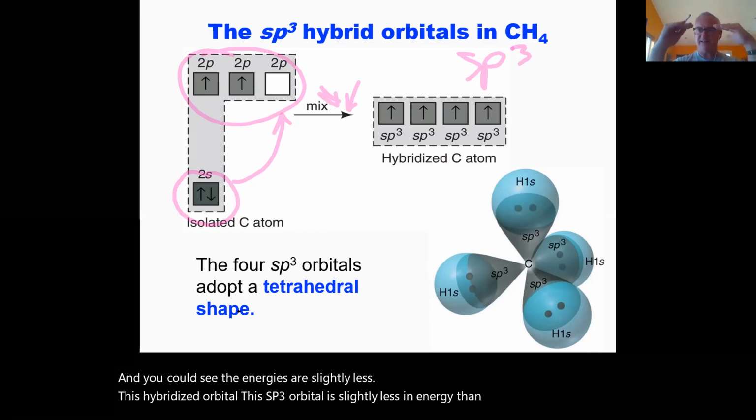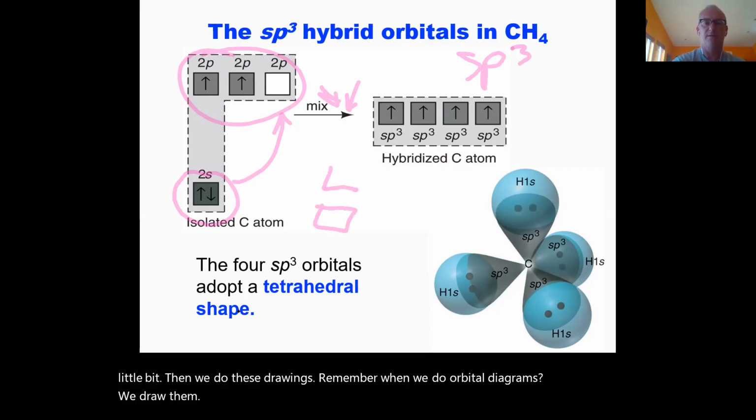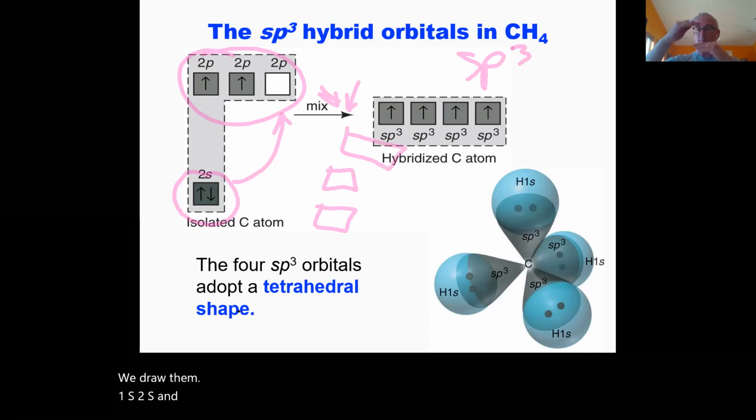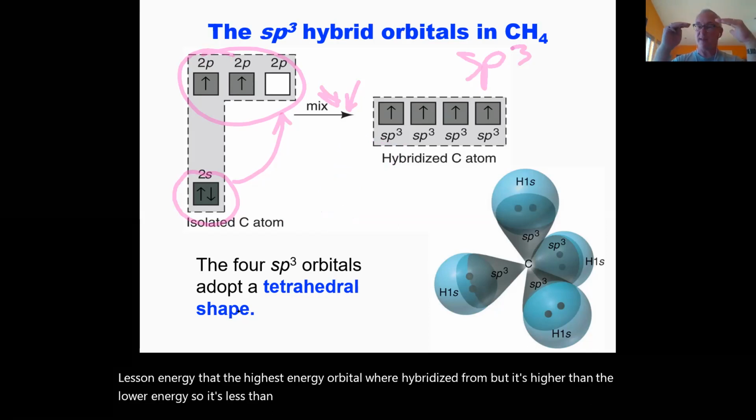Notice that it's down a little bit. When we do orbital diagrams, remember, we draw them 1s, 2s, and then 2p. We draw them up as we go up in energy. Well, notice what's happened here. The hybridized orbital is slightly less in energy than the highest energy orbital where it hybridized from, but it's higher than the lower energy. So it's less than p, but it's more than s.